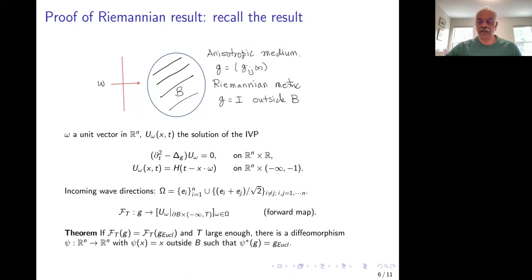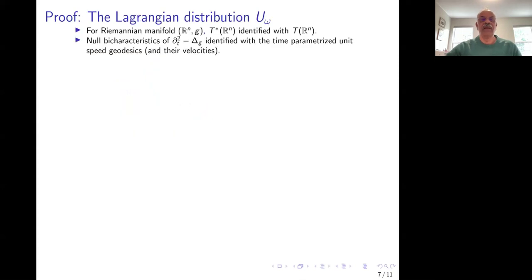So I'll talk a little about the arguments we used. If you have the Riemannian metric G, we can identify T*R^n with TR^n, and that's what we will do. So the null bicharacteristics of this wave operator for the Riemannian metric G can be shown to be identified with the time-parameterized unit speed geodesics for this Riemannian metric G, and the direction in the bicharacteristics is associated with the velocities of these geodesics.